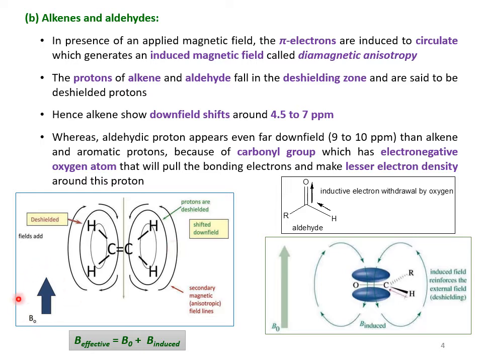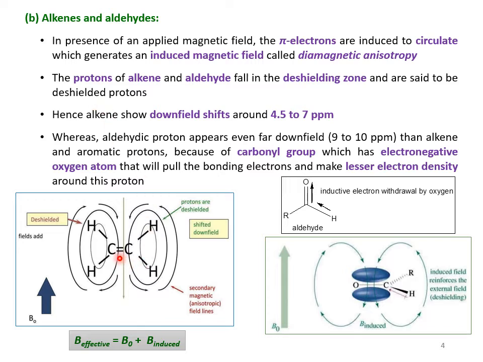The protons of alkene and aldehyde fall in the deshielding zone and are said to be deshielded protons.